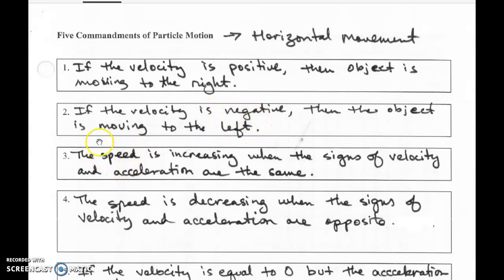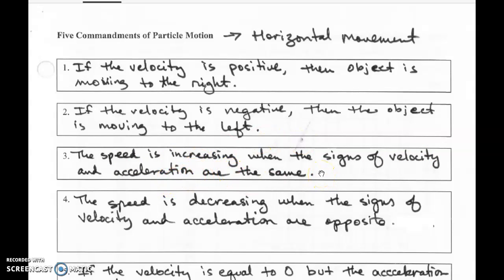Now, this is a new concept for you, speed. Speed is always positive, all right? Like speed and velocity, very similar. Velocity gives you a direction, though. So you can have a negative velocity. You will see questions that ask you if the speed is increasing or speed is decreasing. The easiest way to remember is speed is increasing if the sign of velocity and acceleration are the same.